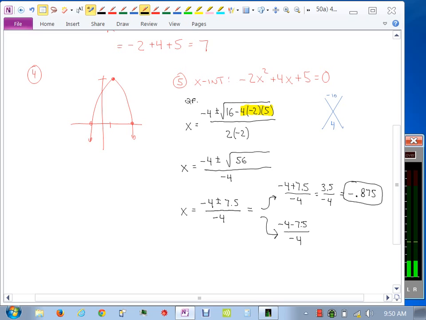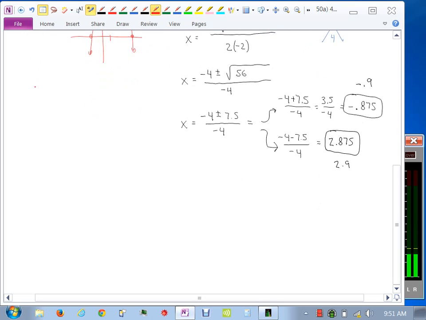Doing this on my calculator real quick, I get a negative on top and a negative on bottom, which is positive. So I'll have 2.875. It's about almost -0.9 and almost 2.9. So let's remember that when we go to graph.